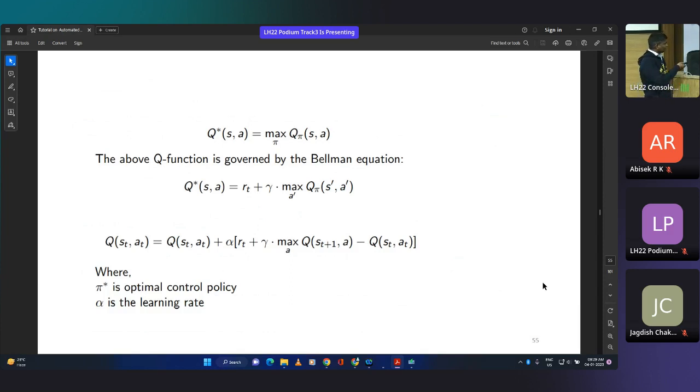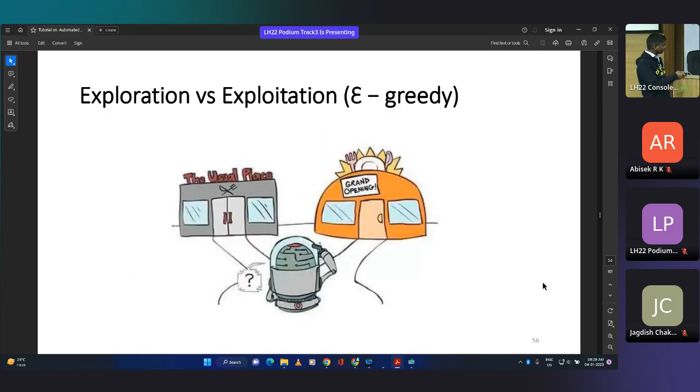The updating of this Q learning table is again governed by the Bellman equation. This last equation is responsible for updating the values in the Q table. Initially, all the values from a particular state for the various actions are equal.